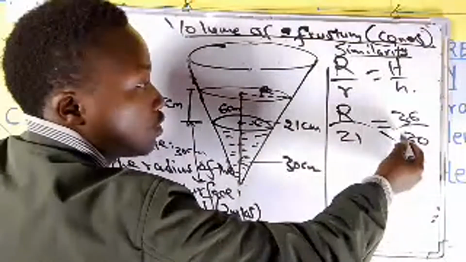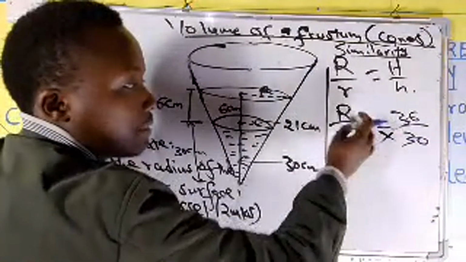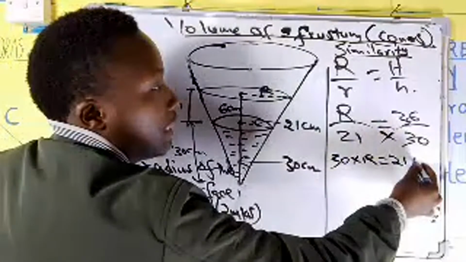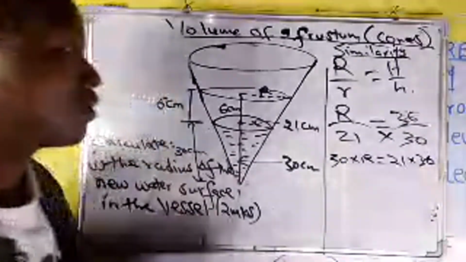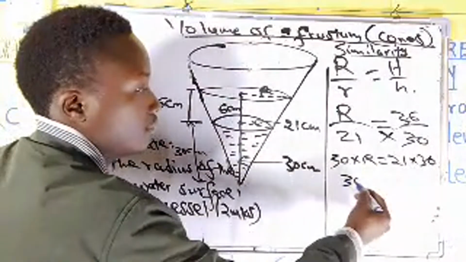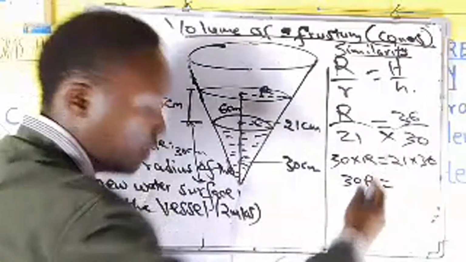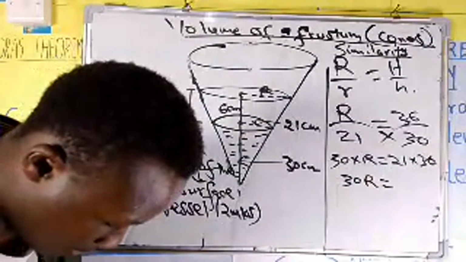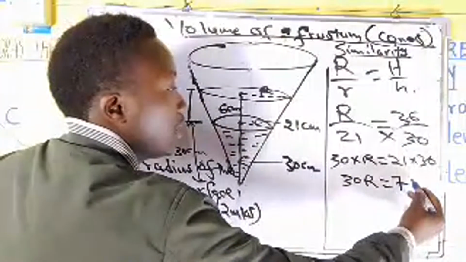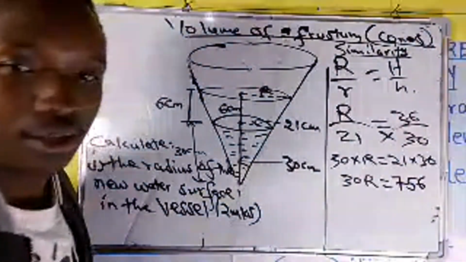So we are going to cross multiply. So 30 times R is equal to 21 times 36. So 30 times R is 30R. Then 21 times 36 is equivalent to 756.